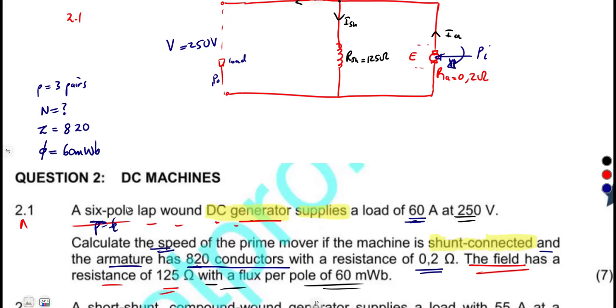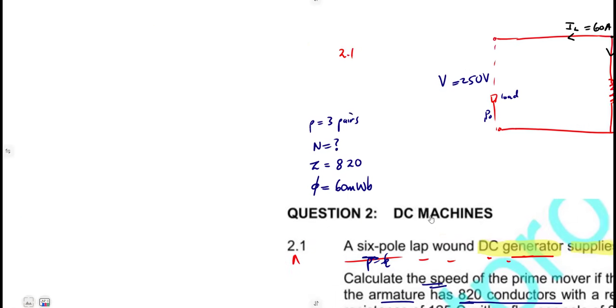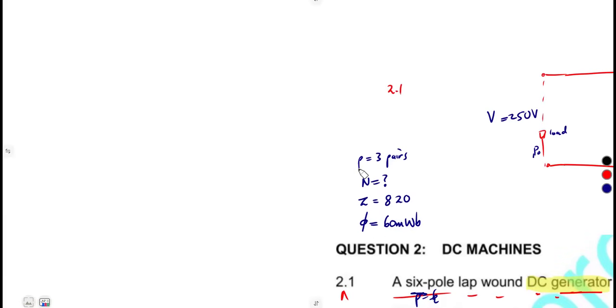We can see that this question is taking us to the EMF equation. From the quantities that we are given, the general formula is E equals 2 times the useful flux, the speed, the pole pairs, the number of armature conductors over 60C.